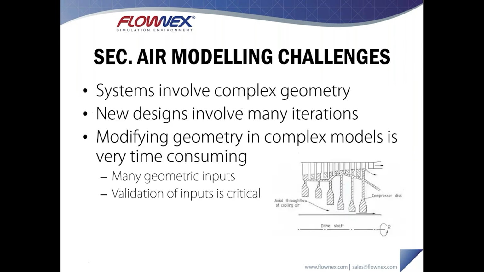All right, so in terms of secondary air modeling in 1D codes in general, these systems are incredibly geometry intensive. I have a small picture on the bottom right showing a couple of rotor discs that you'd see in, in this case, a compressor stage.